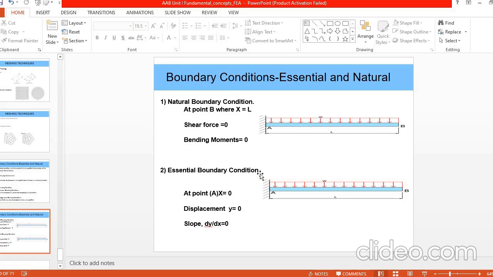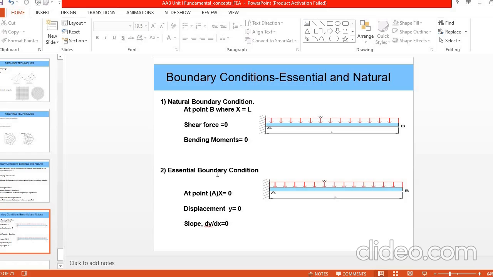In essential boundary conditions, at point A, x is equal to 0, where displacement in the y direction is equal to 0 and slope dy by dx is equal to 0. So you have to mention the natural and essential boundary conditions at point B and point A.